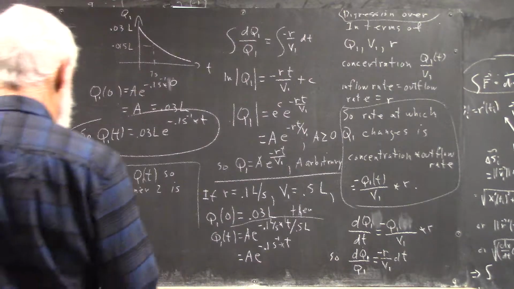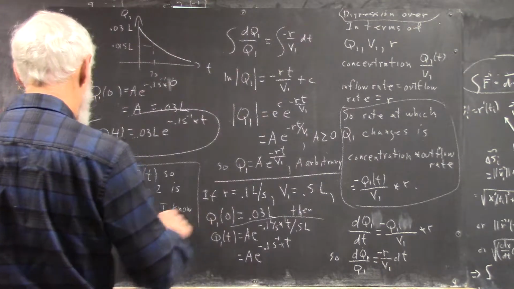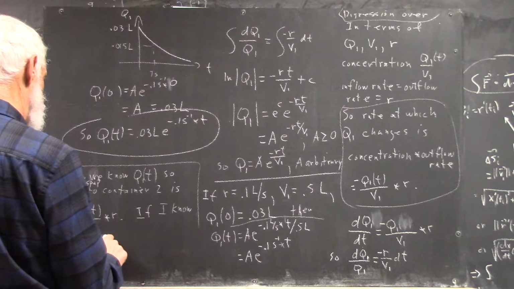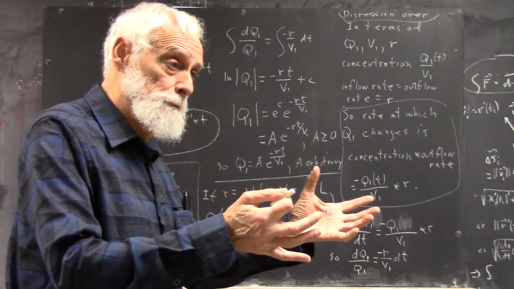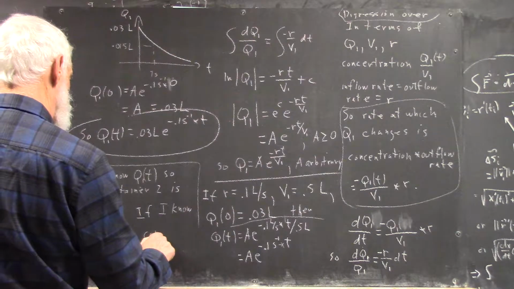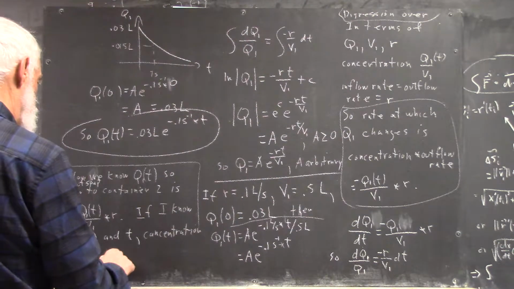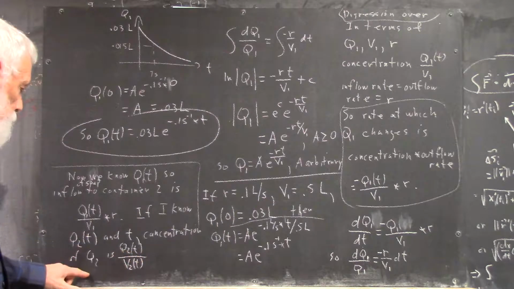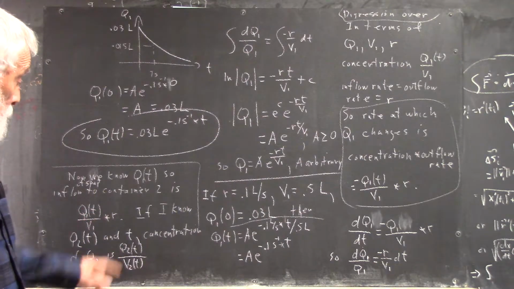Well, if I know Q2 of T, and T being the time since the first bowl got full, the concentration of Q2, the quantity in the second bowl, is that over the volume in the second bowl.